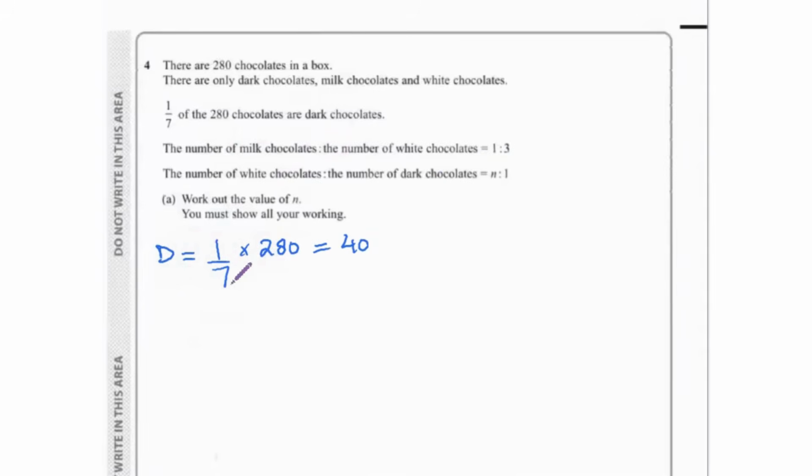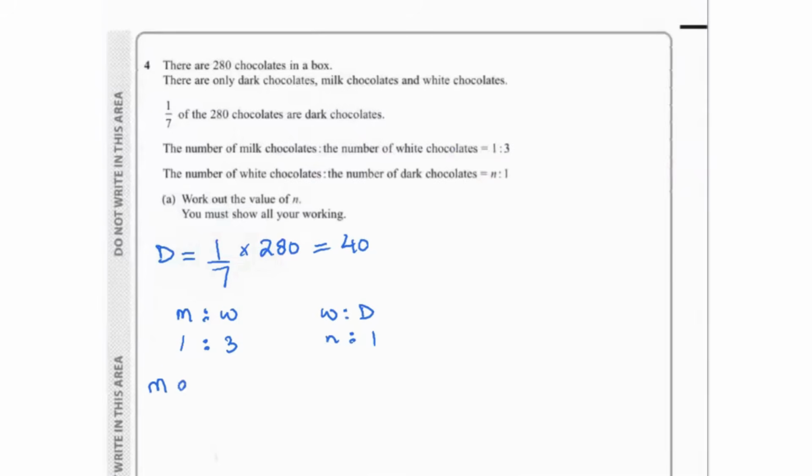Number of milk to white is 1:3, and white to dark is n:1. To figure out the number of milk and white chocolates, we can remove the number of dark chocolates from the total so that we only have milk and white.